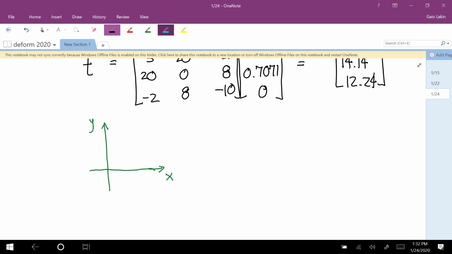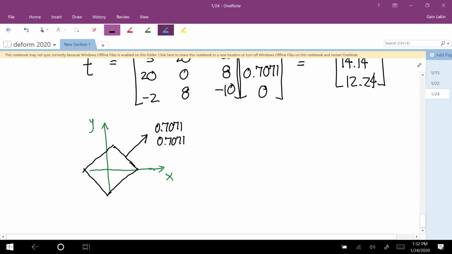Like when we defined the stress, let's say instead of defining it with a stress cube that had all the faces perpendicular to the coordinate axes, for some reason we had decided to define it at an angle like this, where one of these faces had the outward-facing unit normal 0.7071, 0.7071, 0.